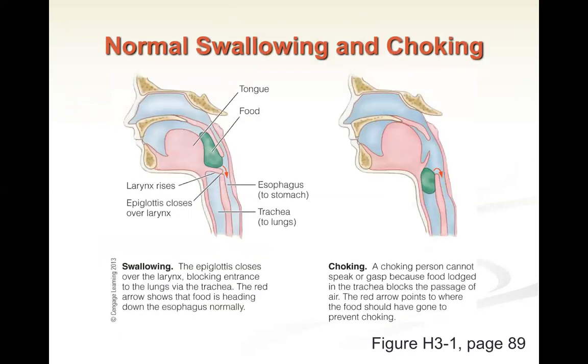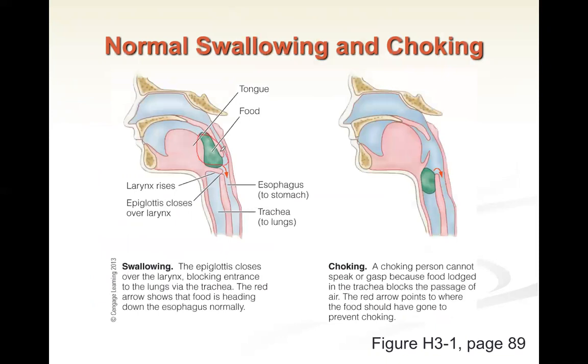Swallowing and choking. Normally, when we swallow food, we form what's called a bolus of food. This bolus is a cohesive unit of food that can be passed through the esophagus.